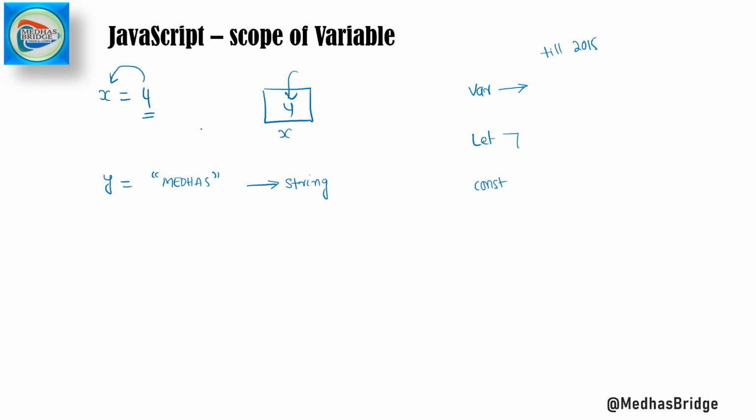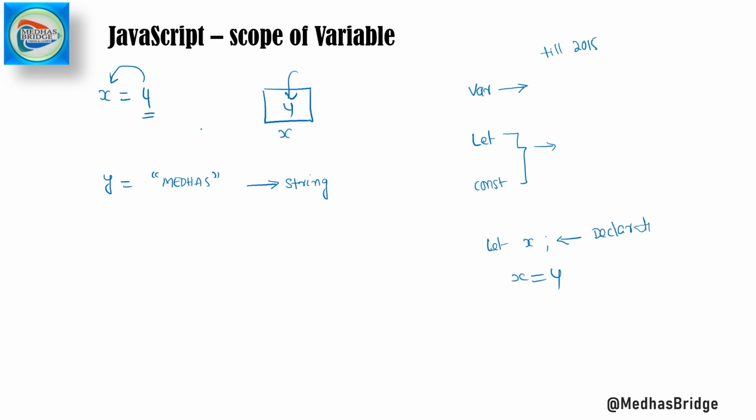That means for all the newer browsers, we recommend using let and const for declaring variables. Declaring the variable, in the sense that let's say I write let x, is what it means. This part is called the variable declaration.